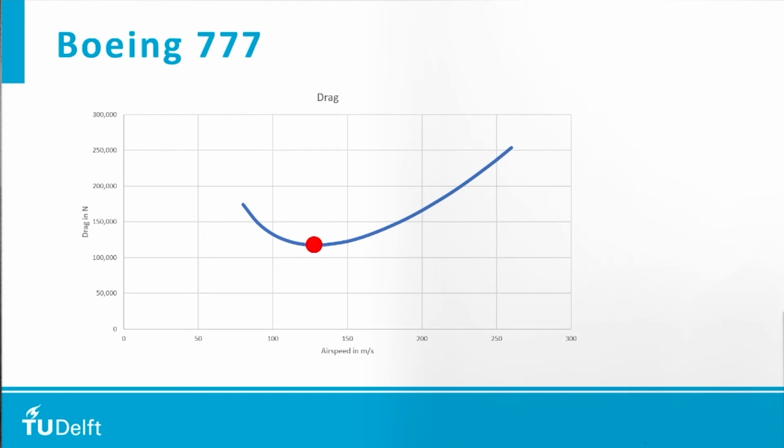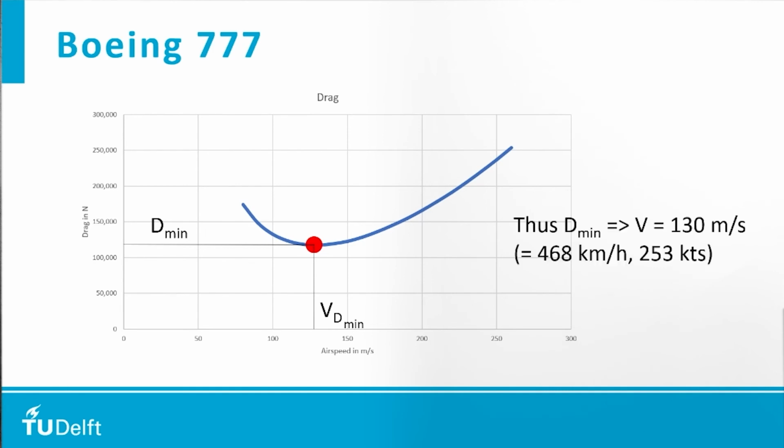And that's the point where the red dot is. If you have found that red dot, you can read the value for the drag, and you can also find the value for the airspeed that belongs to that. So what we need to tell the pilot, when you need to fly maximum lift to drag ratio, you need to fly at an airspeed of 130 meters per second or 468 kilometers per hour or 253 knots. And that is the point where the pilot needs to fly.